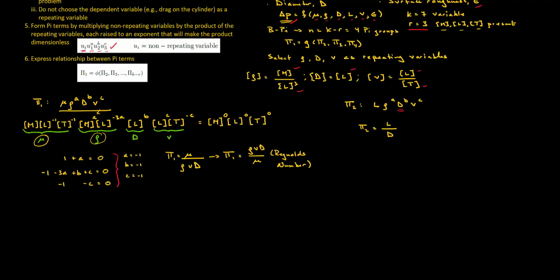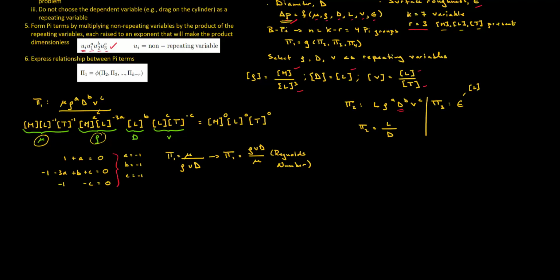We can do the same thing for our surface roughness. So our surface roughness, epsilon, has dimensions of L. The surface roughness is a characteristic length scale that defines the material geometry at the micro scale on the surface. Okay?